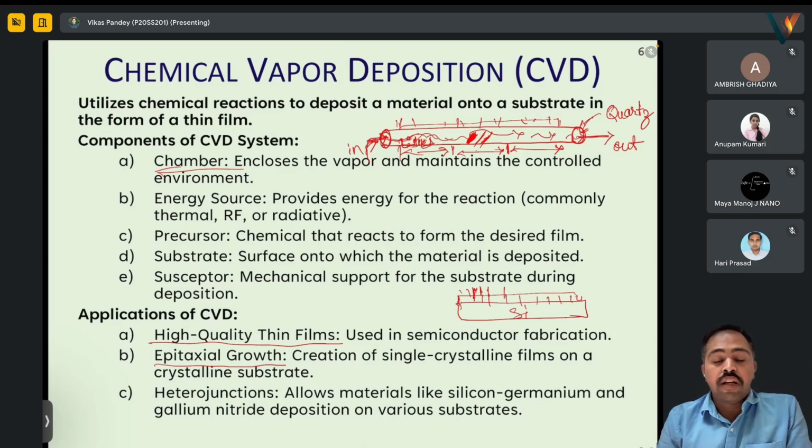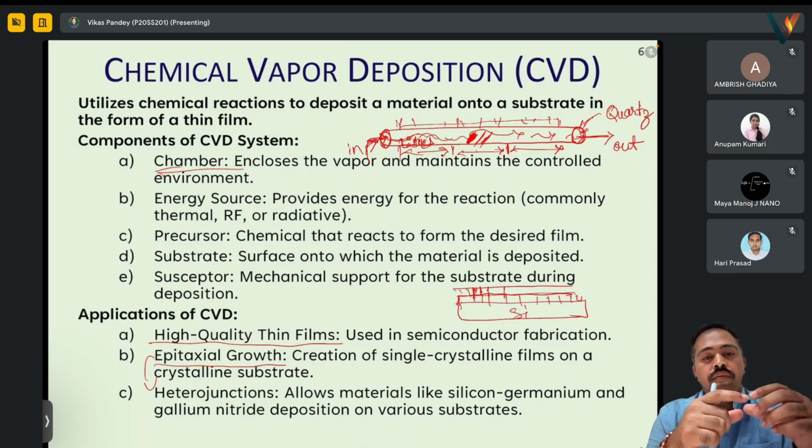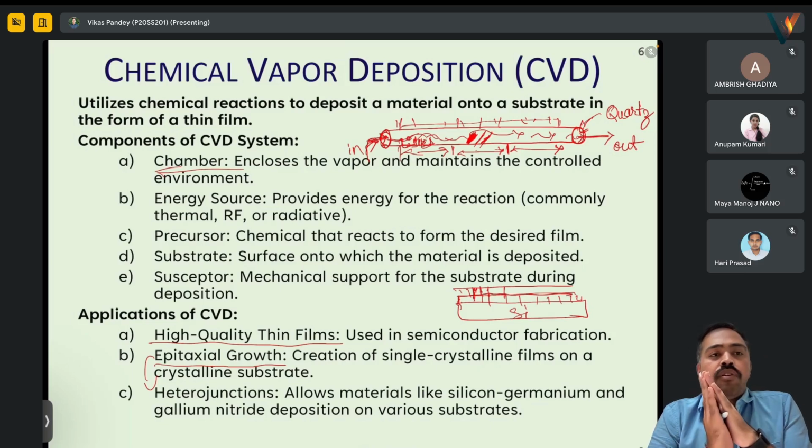The third is heterojunctions, like silicon and germanium and gallium nitride. This is very much like epitaxy only, but these two materials will have a slight mismatch at the boundary, and that will create something known as heterojunctions, where an ample amount of electrons are produced.